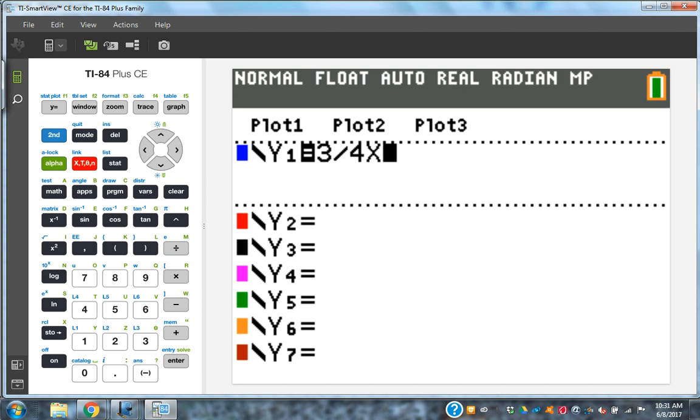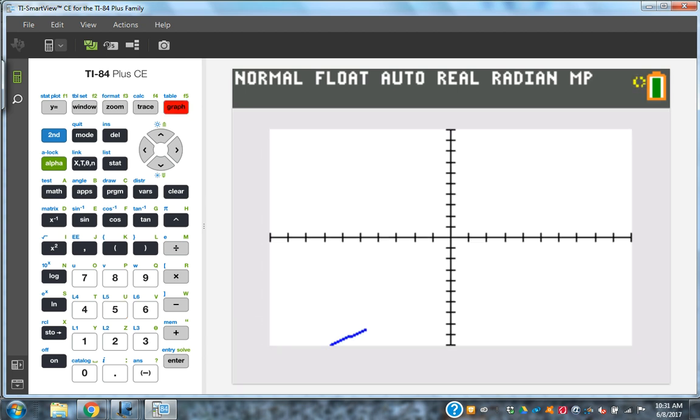The x, remember, is right beside the alpha button. And then minus 5. Then I'm going to hit graph, and it should come up. That looks a lot like what I drew, so I think I did it correctly. Yes, exactly the same way on the 83.